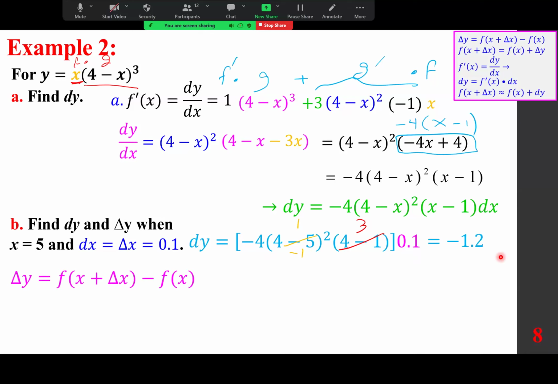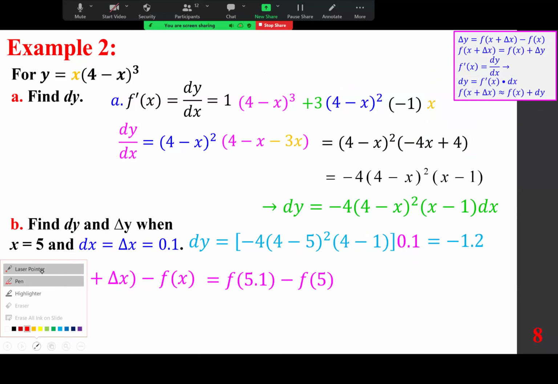Delta y, by definition, is f of x plus delta x minus f of x. So it's f of 5.1 minus f of 5. Which means we are going to plug in 5.1 into the original function.